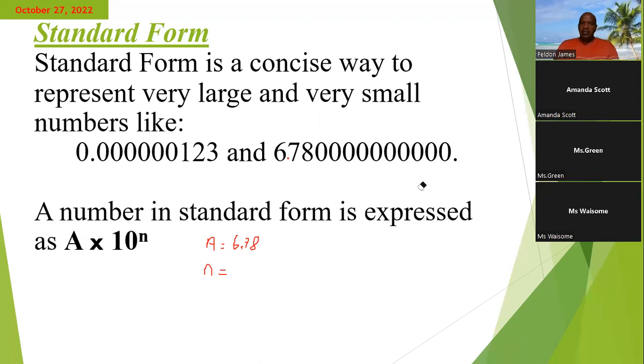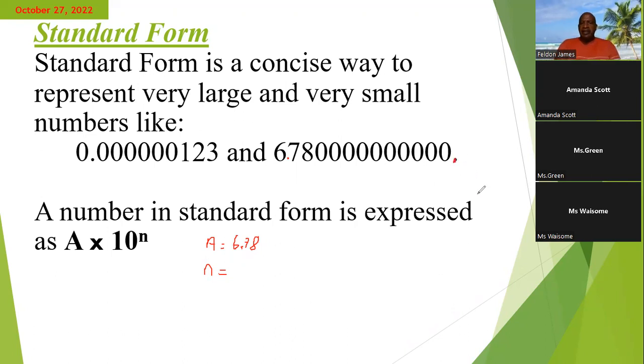It's not customary for us to write numbers with points at the end, but it should be understood that if you have a whole number, the point is at the end. So in this case, the point would be at the end. This is where the point would have been.